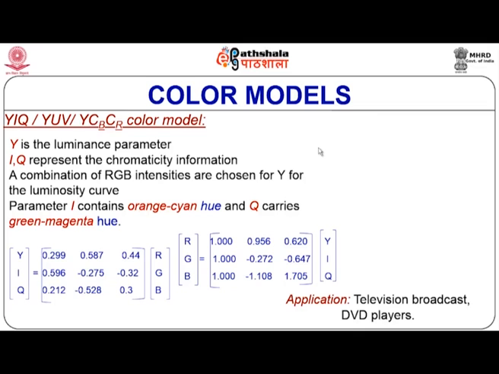What happens in a television broadcast is that at the source station, they combine Y, U and V as one single value, and they transmit this single value, and at the receiving end the values are separated into Y, U and V, and they are used by the television set or your DVD players or other display devices. So, that is why it is called a composite color model.